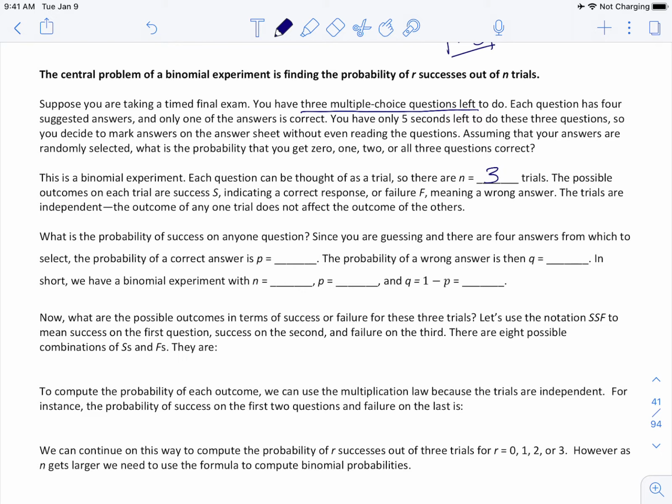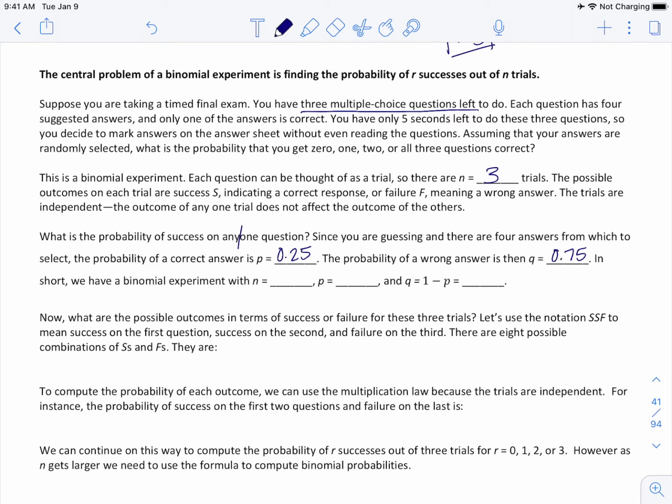What is the probability of success on any one question? Since you are guessing and there are 4 answers from which to select, the probability of a correct answer is P equals 0.25. Probability of a wrong answer is then Q equals 0.75.